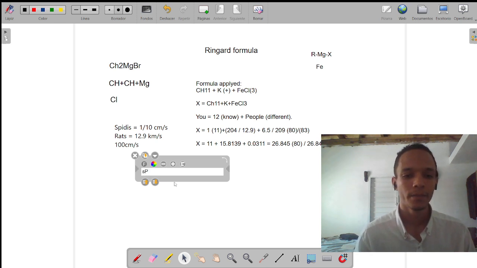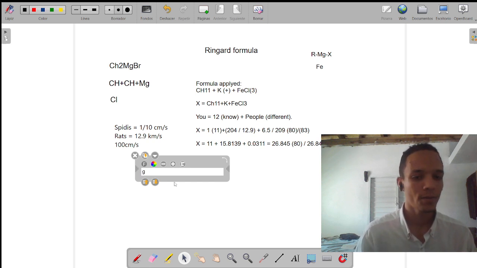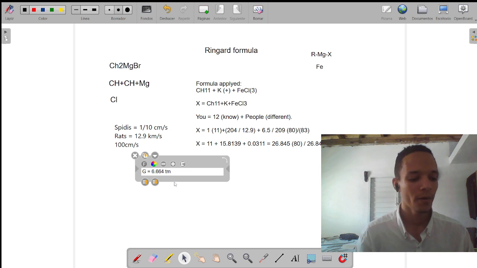Look, spiders, I have put that. Gravity, I represent it as 66 for time, time millimeters by 10.